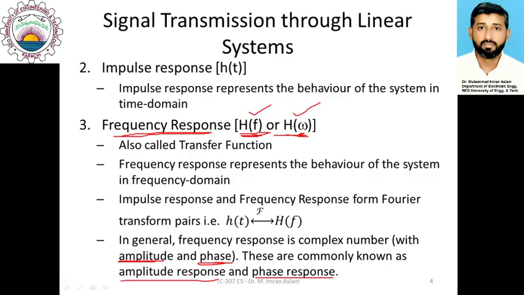Amplitude response means what changes the system would make in the amplitude of the signal, and phase response represents what type of changes the system will make in the phase of the signal. These are integral parts of the frequency response. So whenever you calculate the frequency response, you get both the amplitude response as well as the phase response.